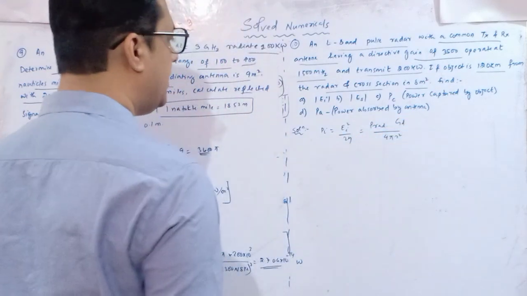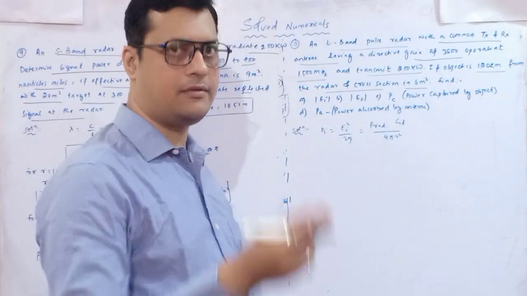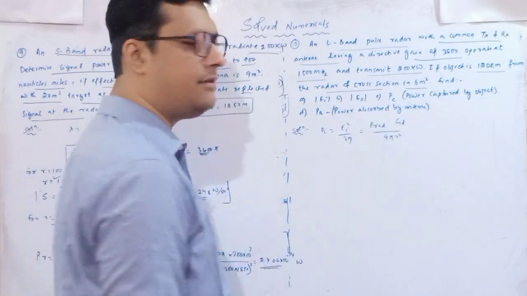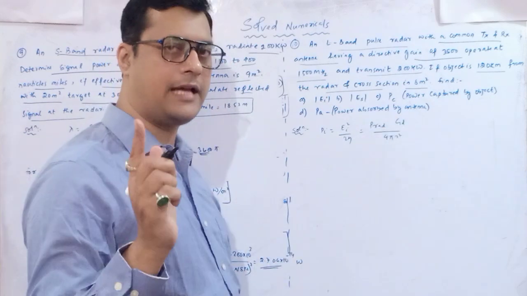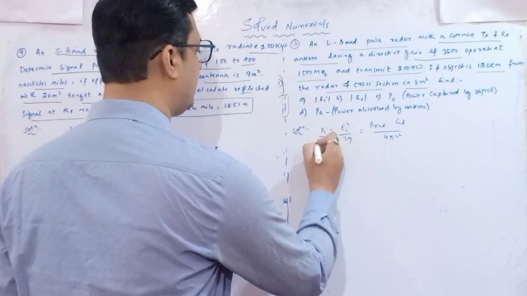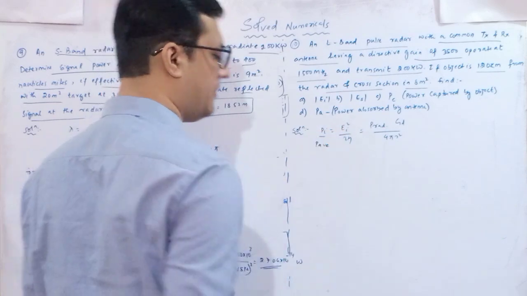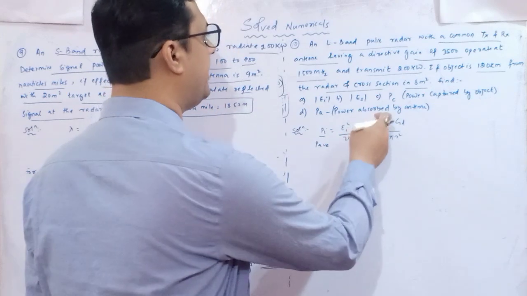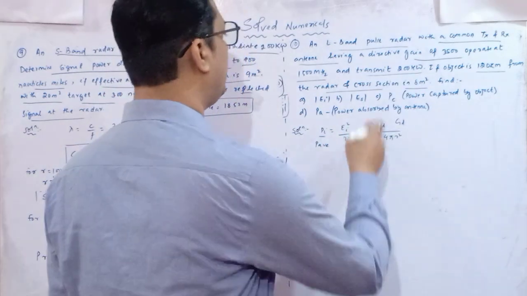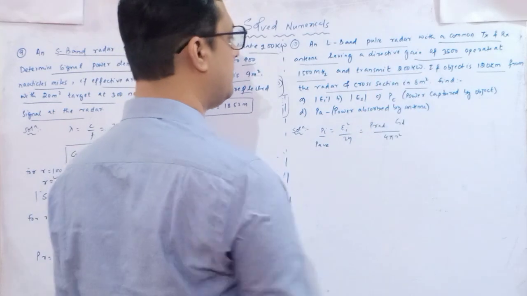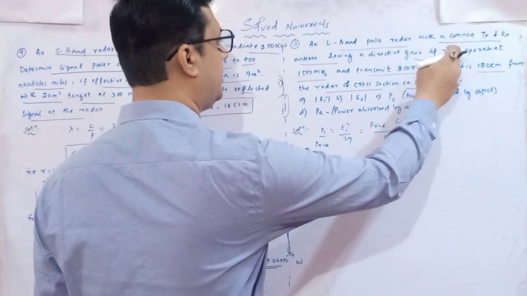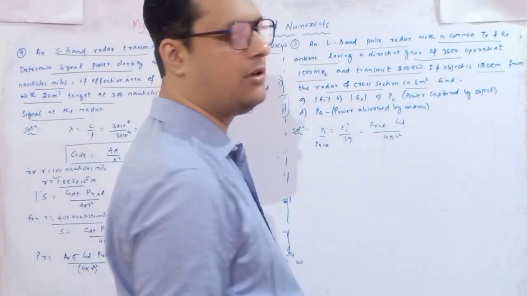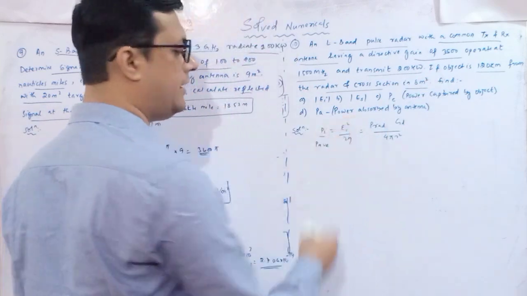Incident power to the antenna, that means it is a received power. So power radiated into GD divided by 4 pi R square is called average power also. This PI is also called average power. With the help of this relation, this EI can be determined. P rad is given, radiated power means transmitted power, 200 kilowatt, GD is given 3500, R is the distance, that is 120 kilometer. Only we have to identify the EI.